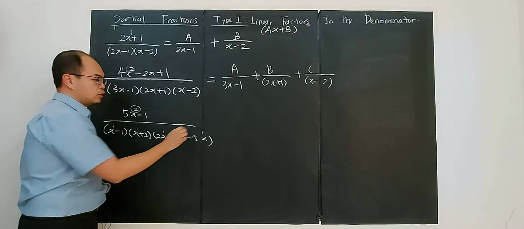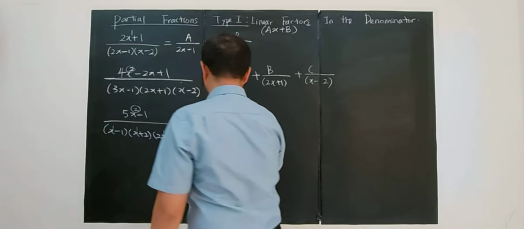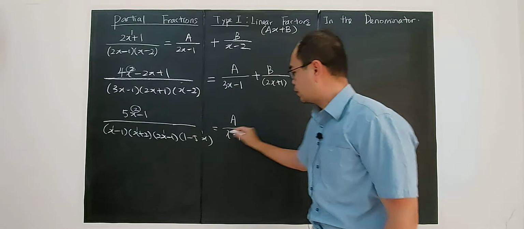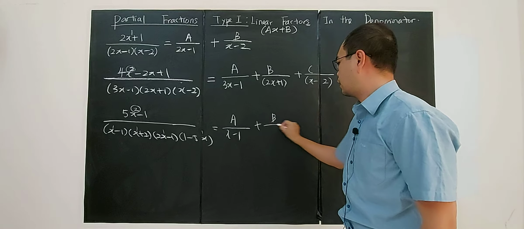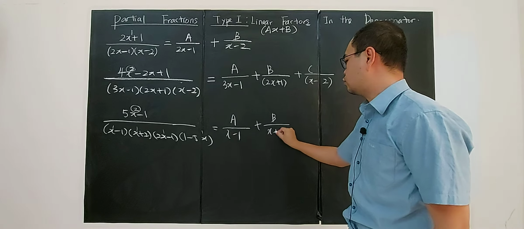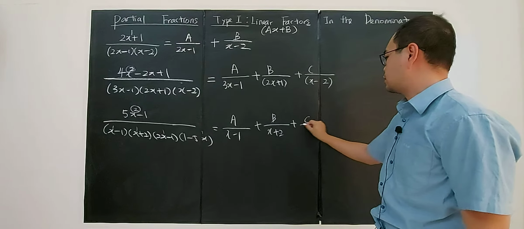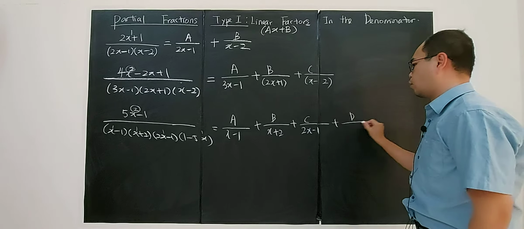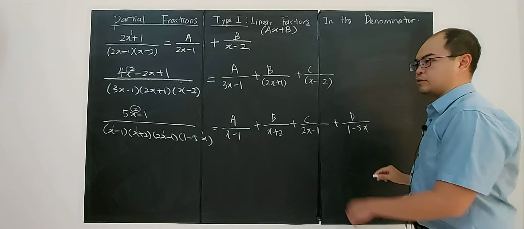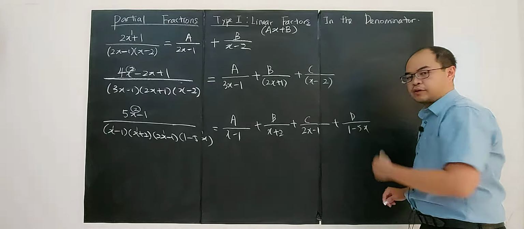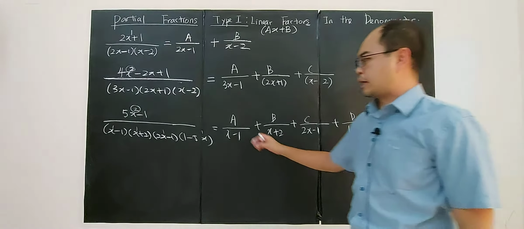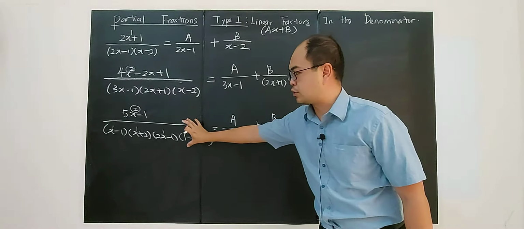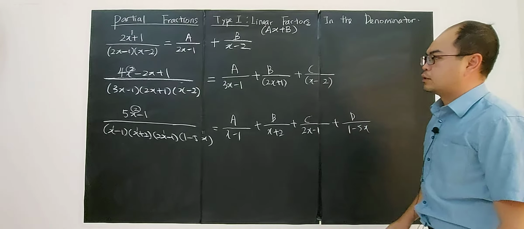So you can write it into partial fractions: a over x minus 1, b over x plus 2, plus c over 2x minus 1, plus d over 1 minus 5x. You can write it into 4 fractions by decomposing this one. This is the partial fraction for this rational polynomial function here.